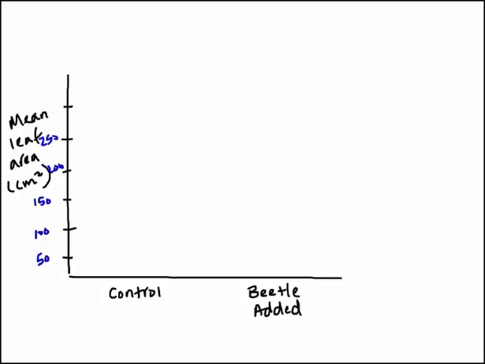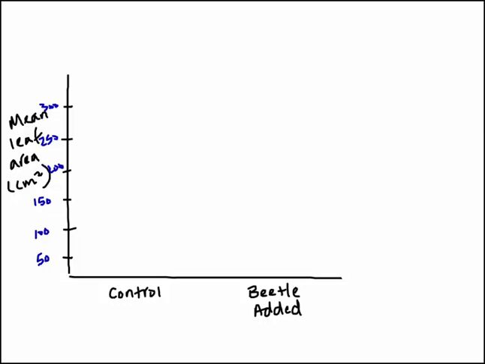Of course, your graphs would be created using graph paper or using a computer program if you prefer. I am limited by this program that I can use so that I can draw it while you watch, so mine is not going to be as nice as yours. But here's what I have.